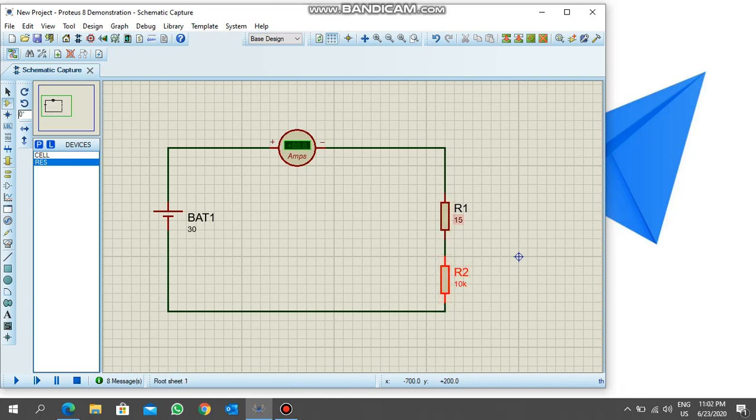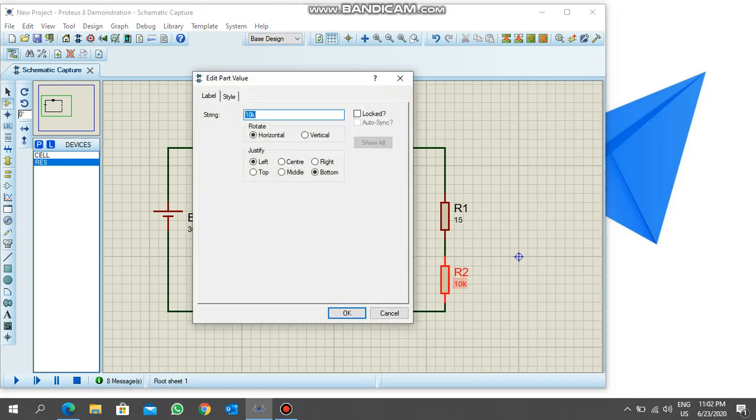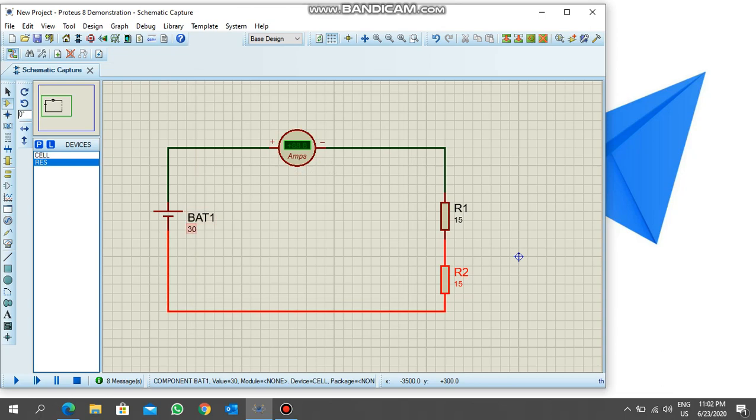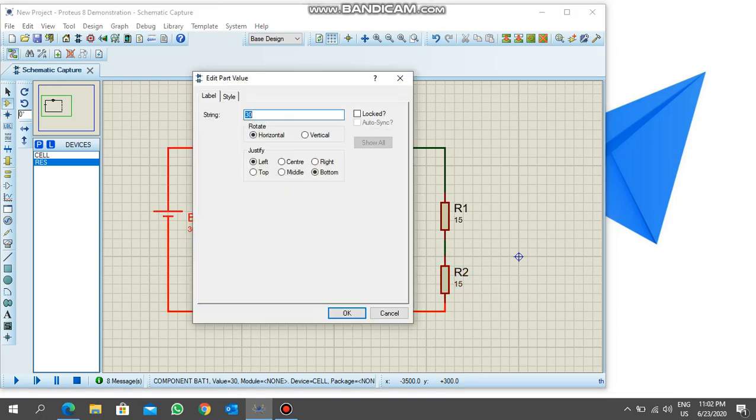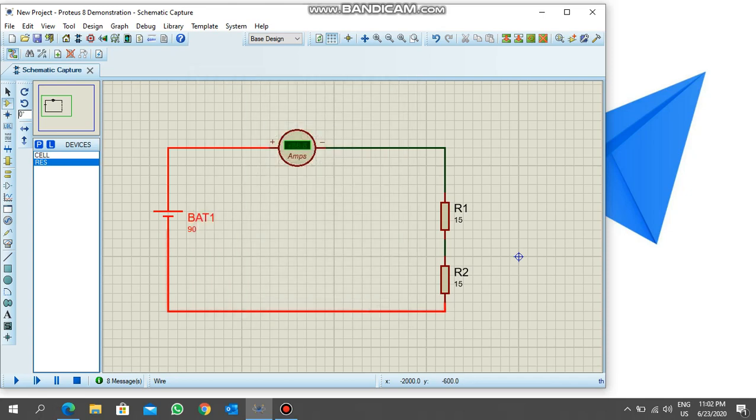Okay, 15 is the value of this resistor, and let's take 15 also for this, and let's take the 90-volt battery.